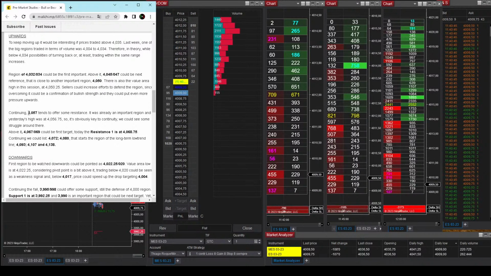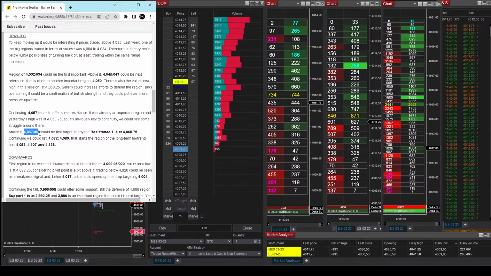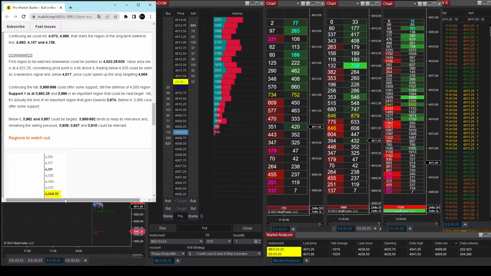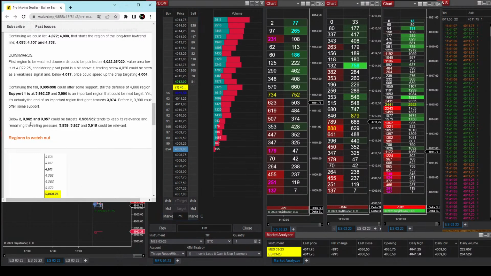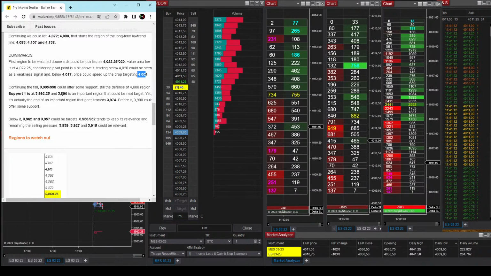as regions. The 57 was important. It was previously important. Yesterday the high was around it, and above it 6769. Moving downwards, from now here we are on 4010, 4009, 010.